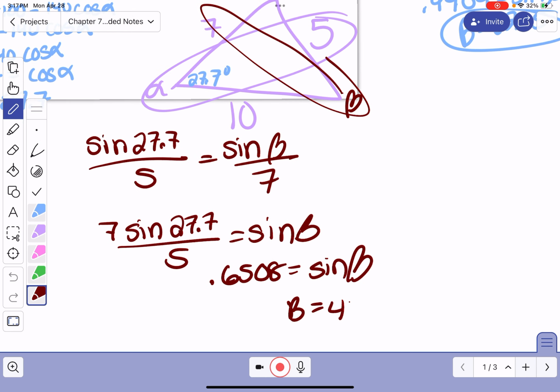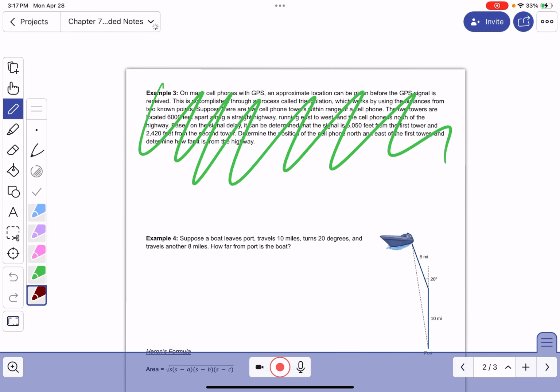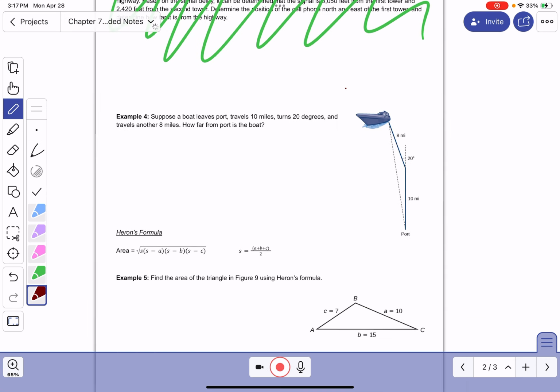Inverse sine gives us 40.6. Subtract both of those from 180 and we get 111.7 degrees. All right, we're going to skip that next example.